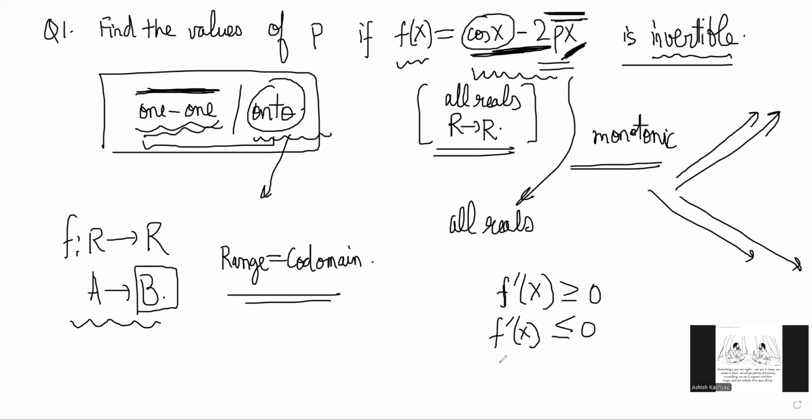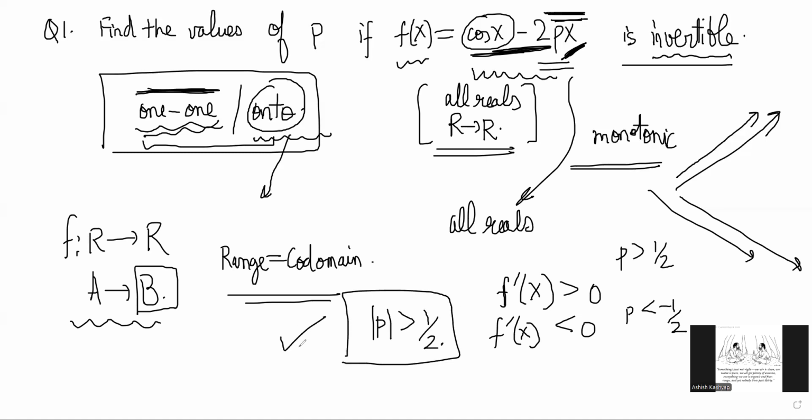No, actually we should say strictly, because a constant function will not be one-one. So we have to make sure this happens. So your condition will be p greater than half or p less than minus half. You should get mod p greater than half. Is it clear? Yes, sir. Okay, that will be your answer.